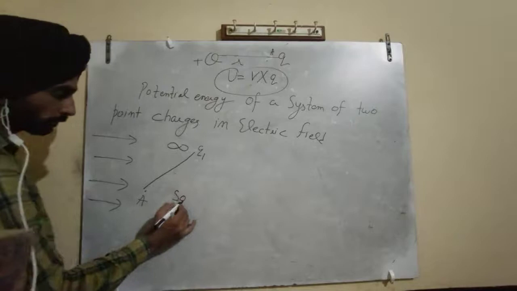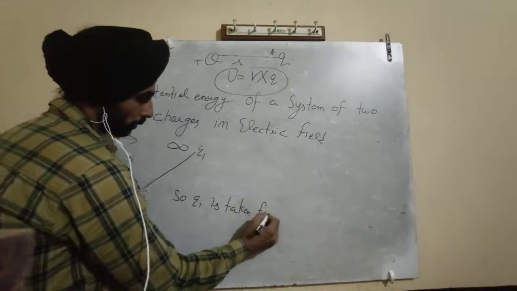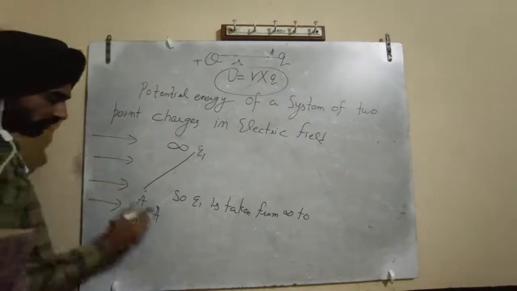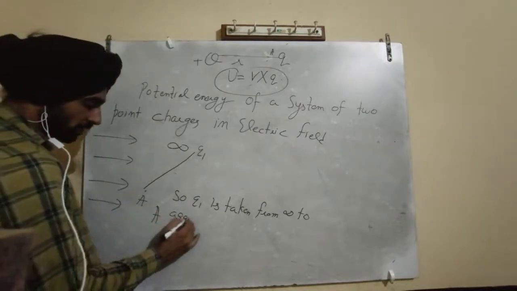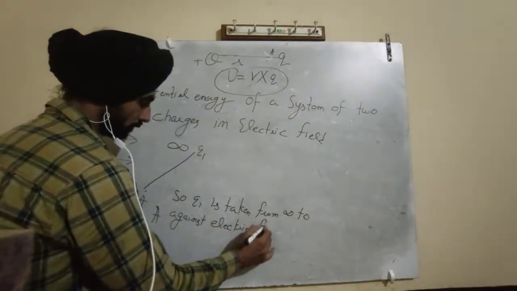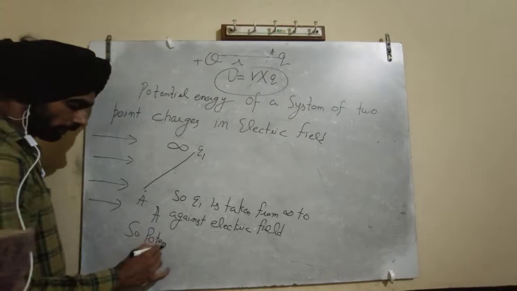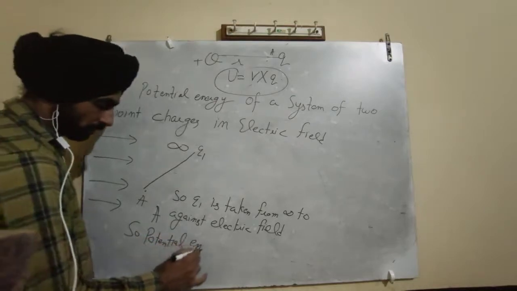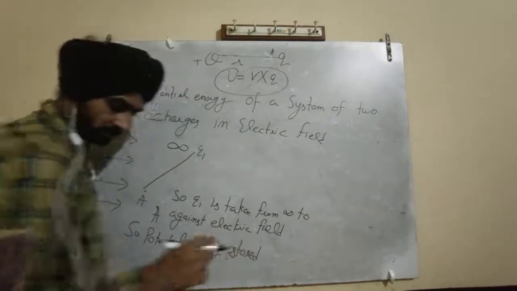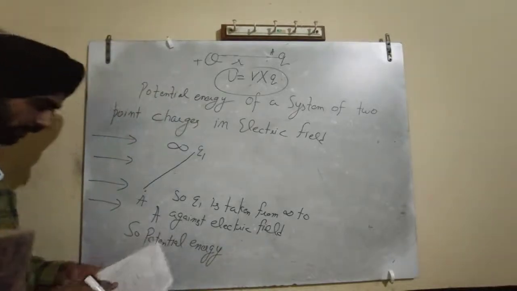So Q1 is taken from infinity to A against electric field. So potential energy stored in A will be equal to what?